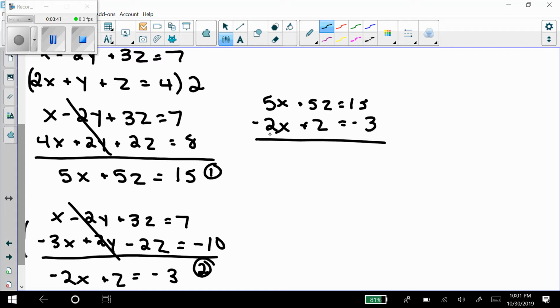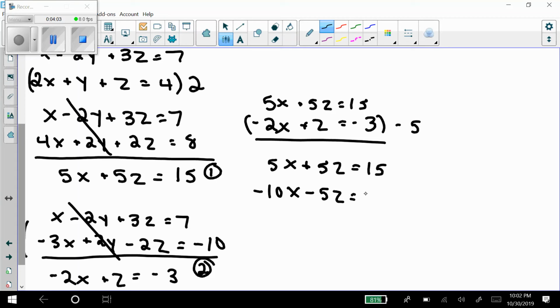So I'm going to multiply this bottom equation by negative 5. I'm just going to rewrite the top one, 5x plus 5z equals 15. Negative 5 times 2x is negative 10x. Negative 5 times z is negative 5z, equals negative 5 times negative 3, which is 15.